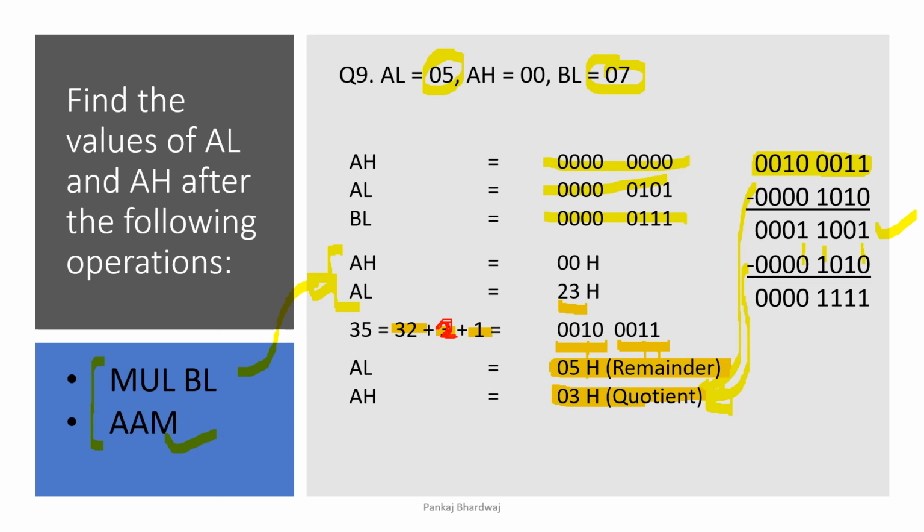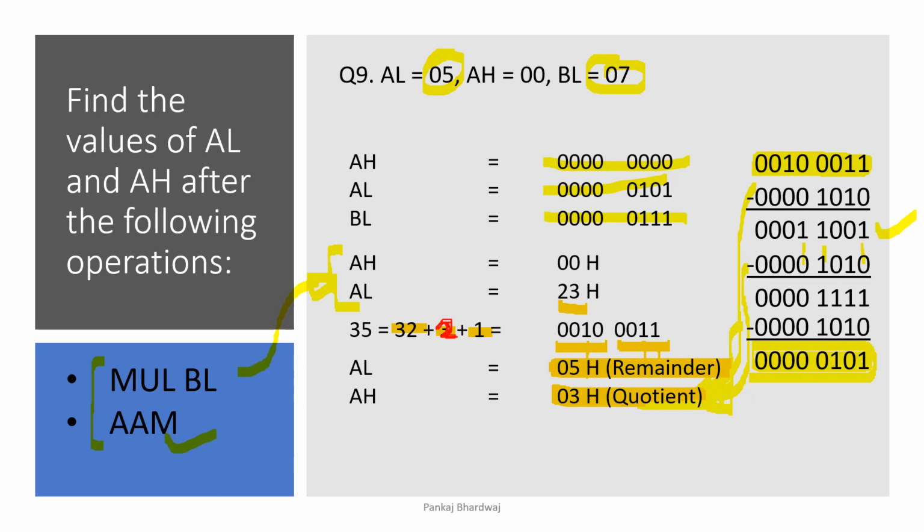And the result, 25 minus 10, is 15. Again it is greater than 10. So again we can subtract 10 from the result, and again it increases the quotient. So the quotient will become 3, that is stored in AH, and the result is now 00000101, that is 5.